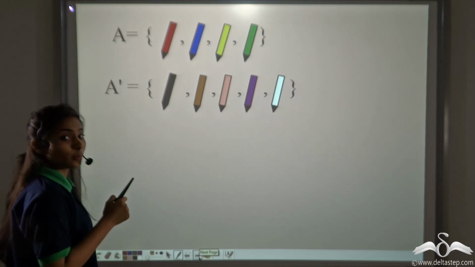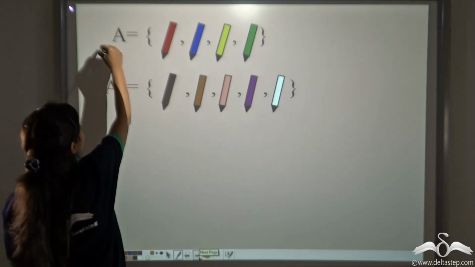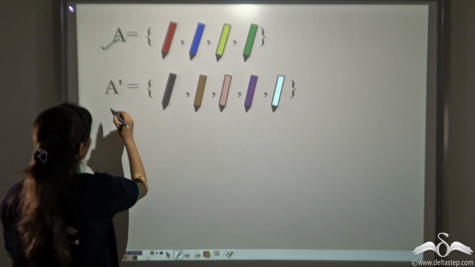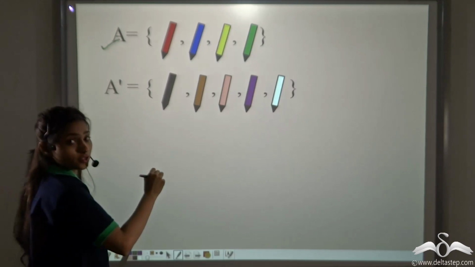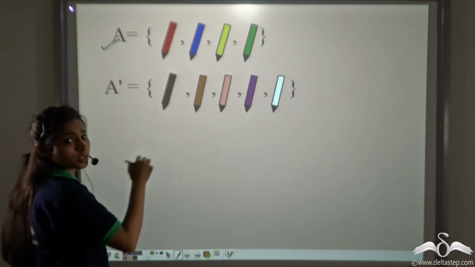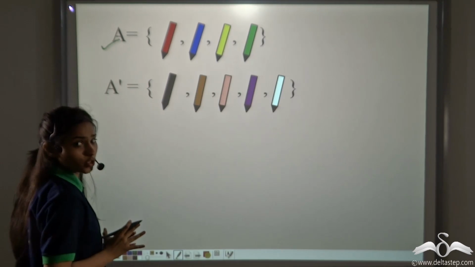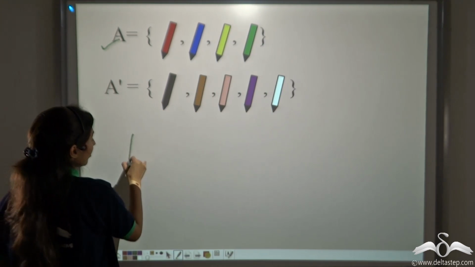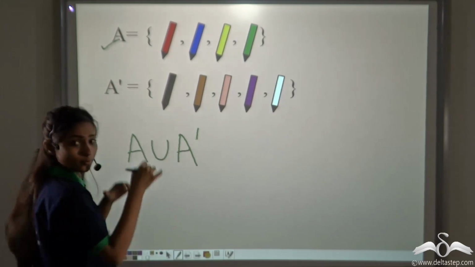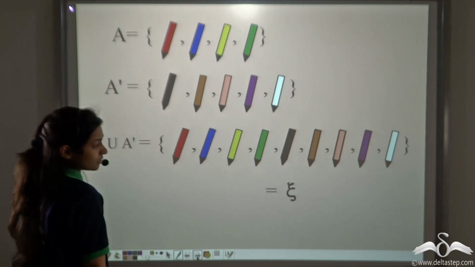Now let's come back to the pens you have. This was the set of pens you take to school, and this was the set of pens you keep at home. Now I want to unite these sets to see what pens I am having in total. So what do I do? I take out the union of these two sets. I keep them together. What do I get?